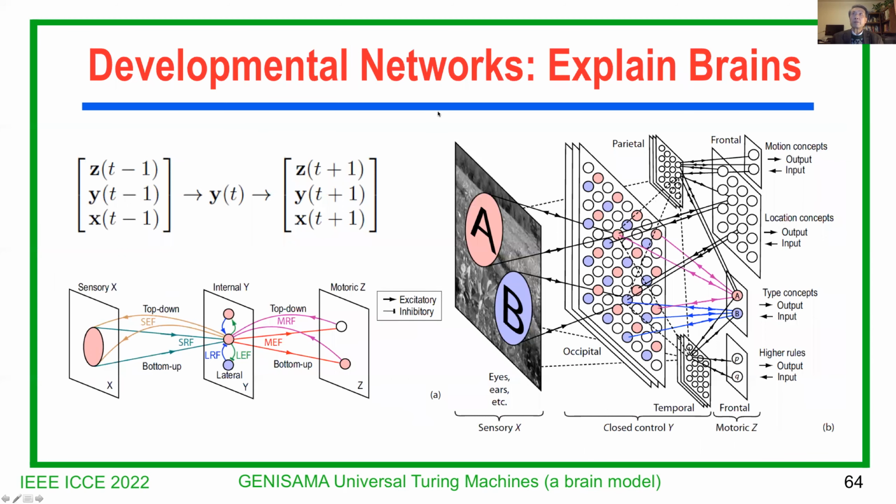So the developmental network, we explain the brain. I will give you some early examples where you have a context. This X, Y, Z as a context. That's T minus 1. Then I have a T and T plus 1. And the transition like T minus 1, T plus 1 is the unfolding time.